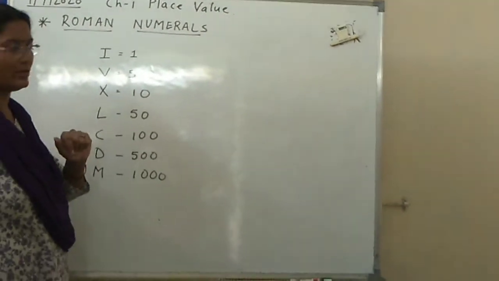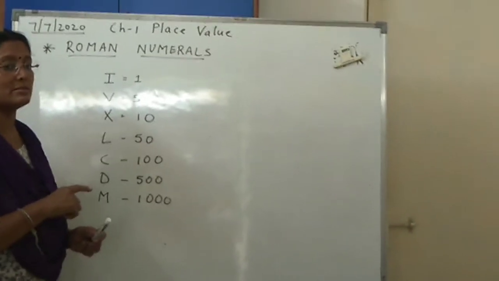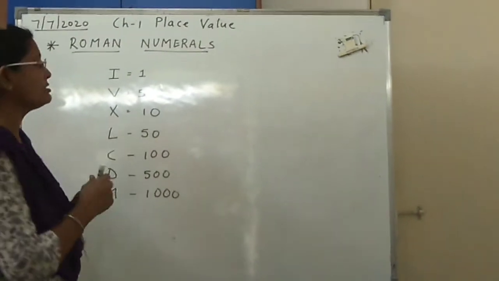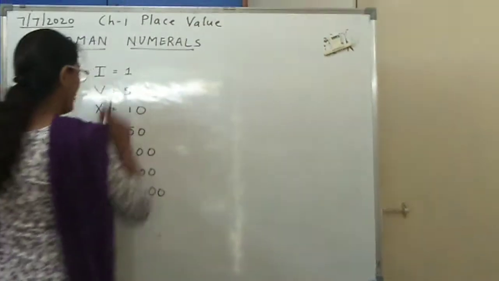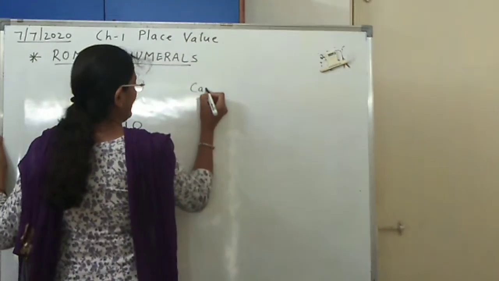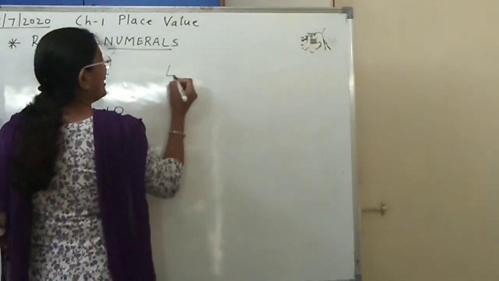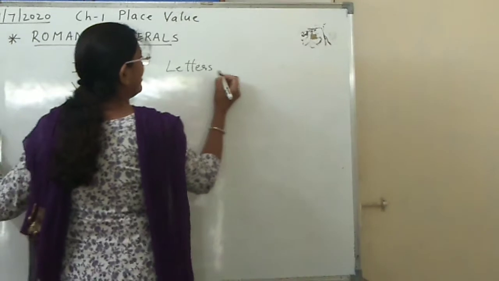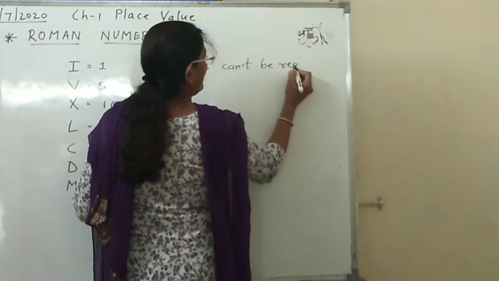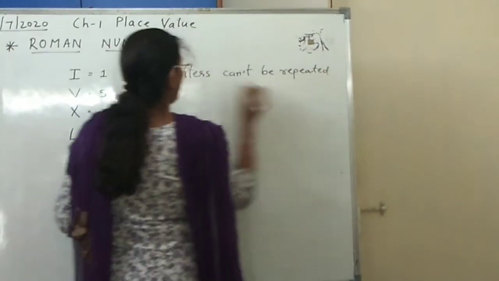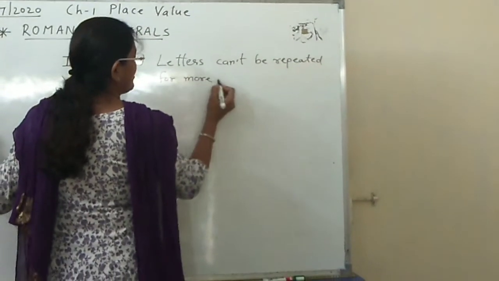M means 1000. Now, before starting how to write the numbers, I would like to explain the rules. Here they have made certain rules: the letters cannot be repeated more than 3 times.